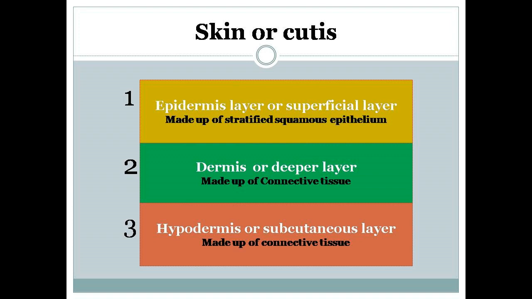And below the dermis there is another layer that we call hypodermis, and the other name of that is subcutaneous layer, which I told you about in the previous slide, okay. And this layer of the skin is also made up of connective tissue, but the connective tissue of the hypodermis layer is different from the connective tissue of the dermis layer or deeper layer, okay.